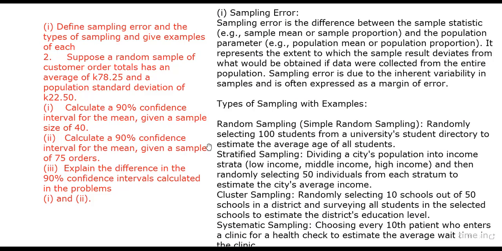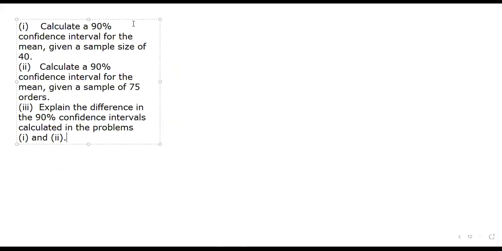Then we go to the next question, which is now asking us to calculate the 90% confidence interval for a sample mean with a sample size of 40. So what are we given in here? I've been given our Z. What is our Z? Z at 90 is 1.64.